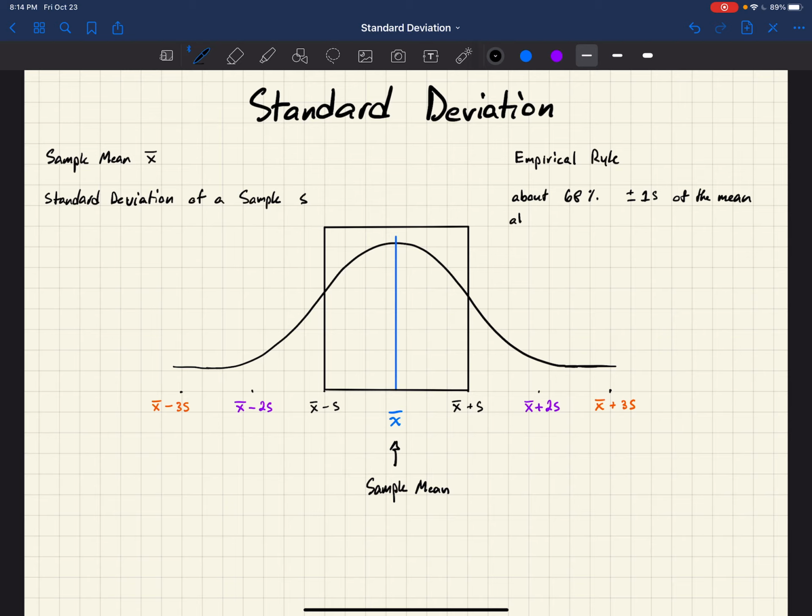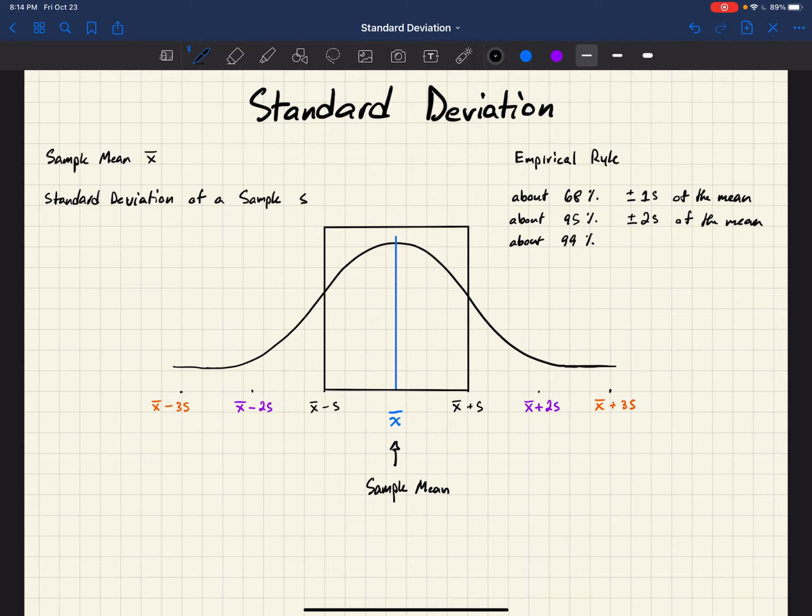It says that about 95% of the data will be within plus or minus 2 standard deviations of the mean. And then about 99% of the data.